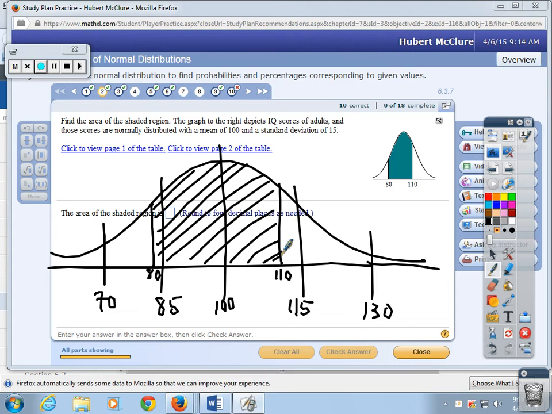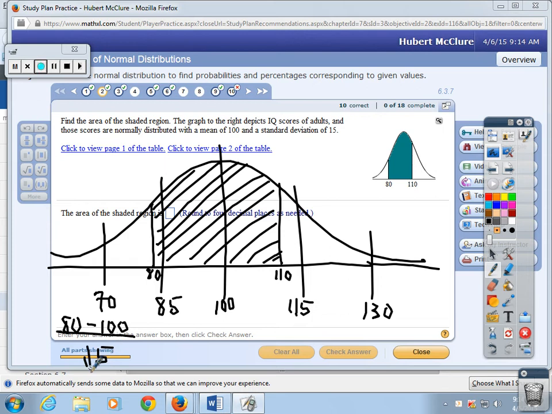Well, first of all, you can't do anything with that unless you change to z-scores to look it up on the table. So, for the 80, 80 minus 100 over 15. And somebody do that for me.